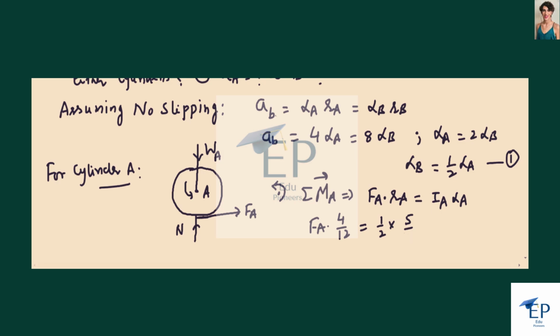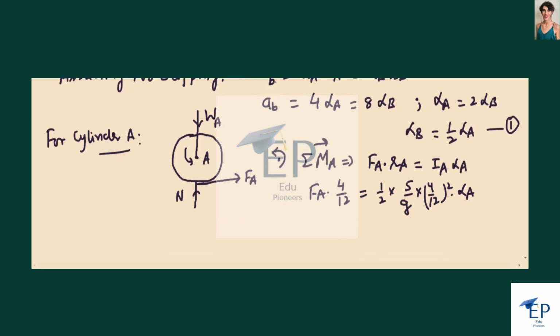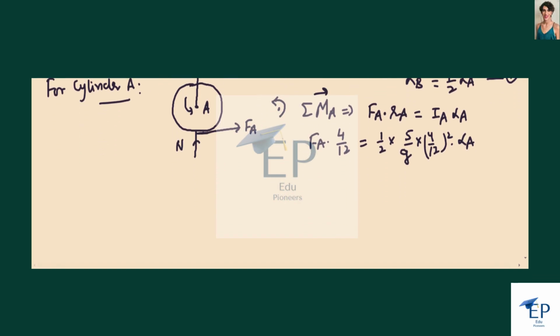We will substitute the value of g later on; we will find the answer in terms of g, into 4 by 12 whole square into alpha A. So from here you may find Fa to be 5 by 6 alpha A upon g, say equation 2.